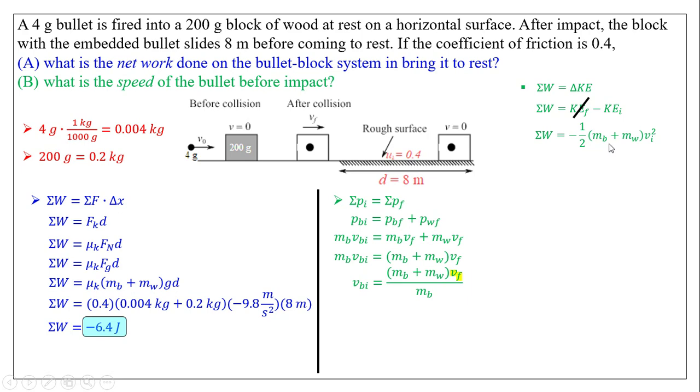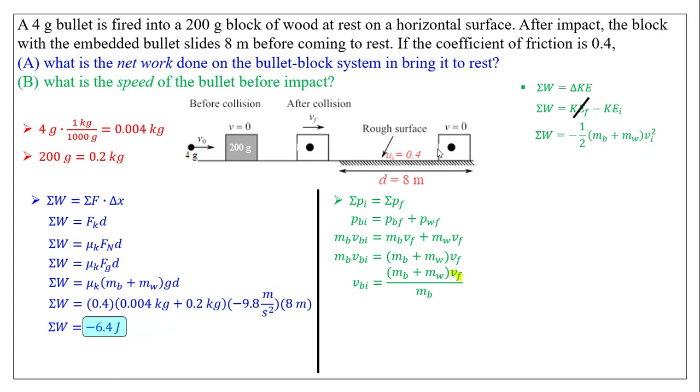Because once again they are moving together, and then this is VI squared. But keep in mind my VI is really this VF down here because it's VI for the second segment of the problem, but it's the final velocity for the first segment. So it's collision and then it's the work done, not conservation. Okay, I'm sorry.